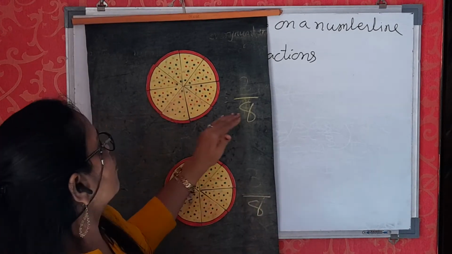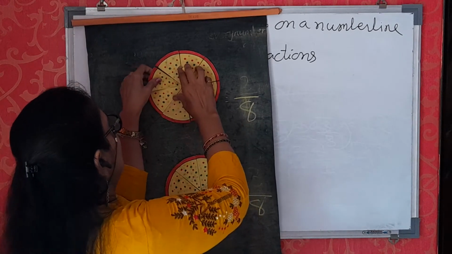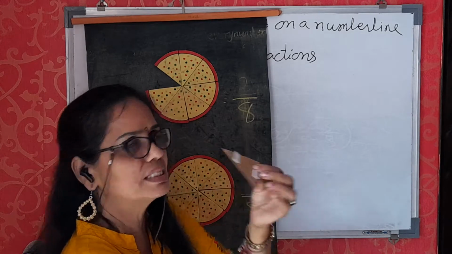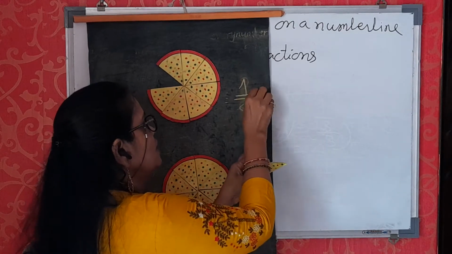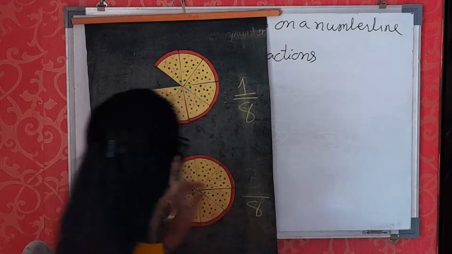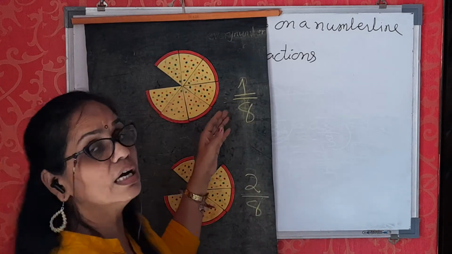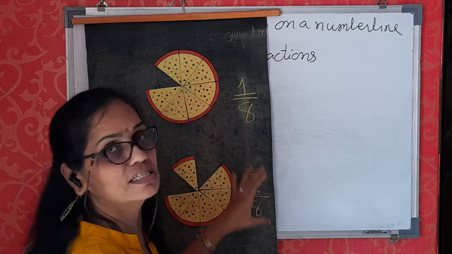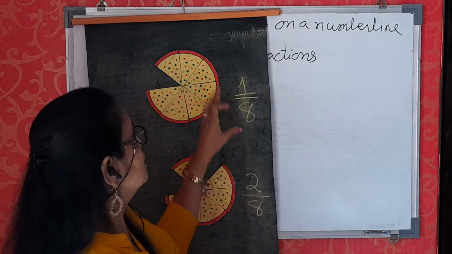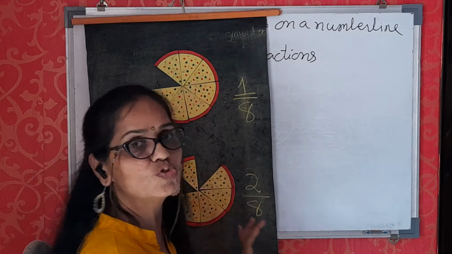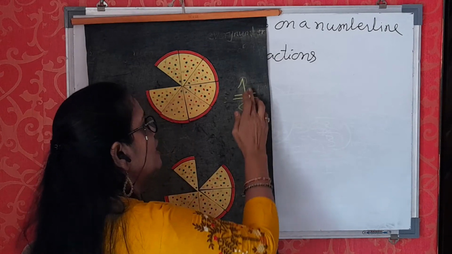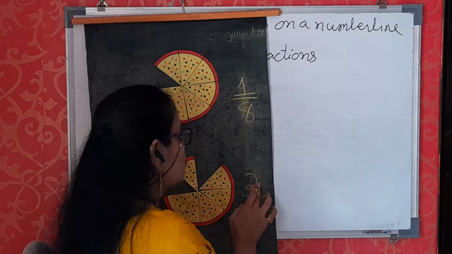Now from here, if I take 1 piece of pizza, 1 part, that will come in the numerator. And from this pizza, if I take any 2 pieces, now observe the 2 fractional numbers. Here 1 upon 8, here 2 upon 8. So out of it 1 part, out of it 2 parts.